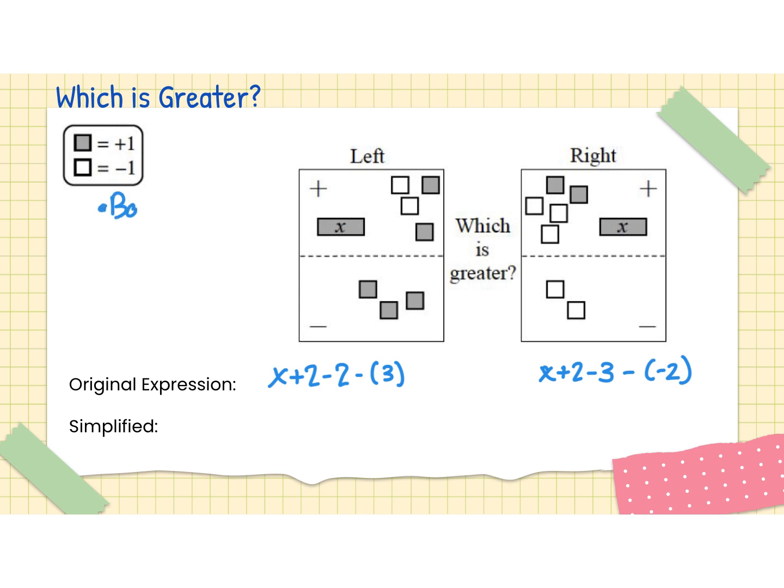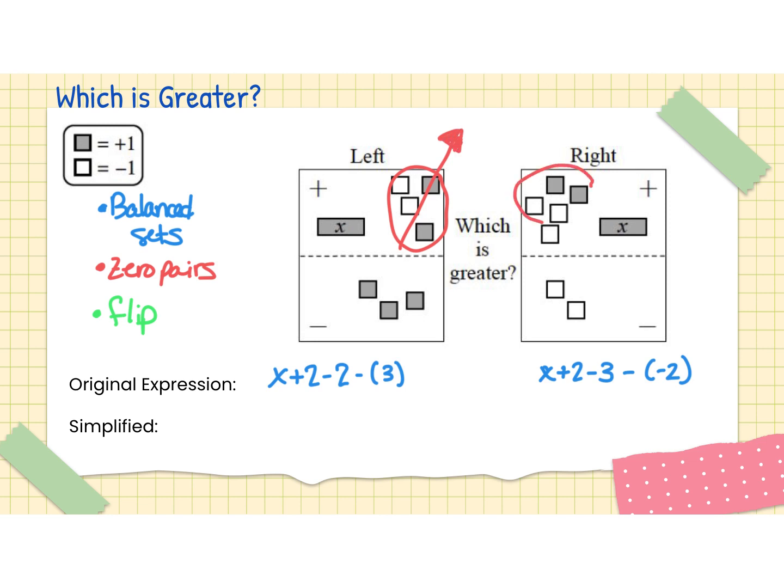I have my balanced sets, B-A-L-A-N-C-E-D, balanced sets. Then I go ahead and I do my 0 pairs. And I know that I'm going to be flipping because I do have values in the bottom, so I'm going to flip. The first thing I want to do is get rid of my 0 pairs, which are all of those, so those are gone.